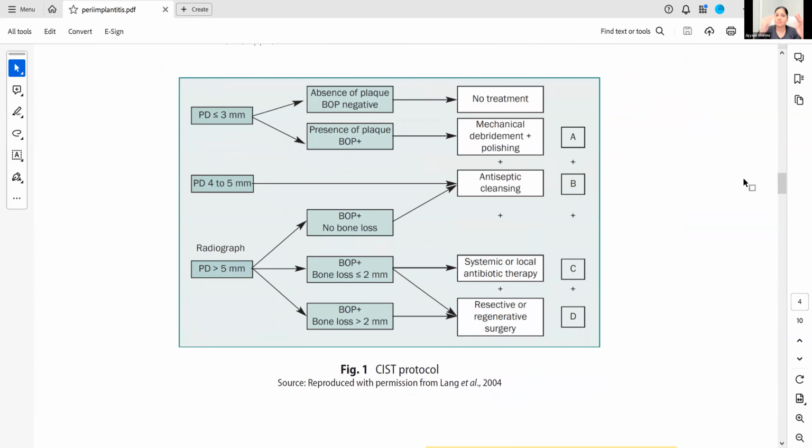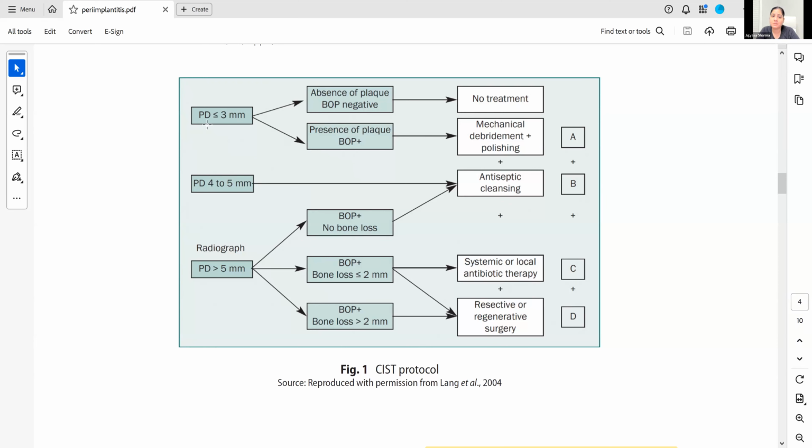So let's see, based on all the probing depths and bone loss factors, what the protocol for treatment is. It's a very simple flowchart given for your clinical assessment. The moment you have the probing depths, bleeding on probing, and bone loss on radiographs, it gets easier to determine the treatment option.